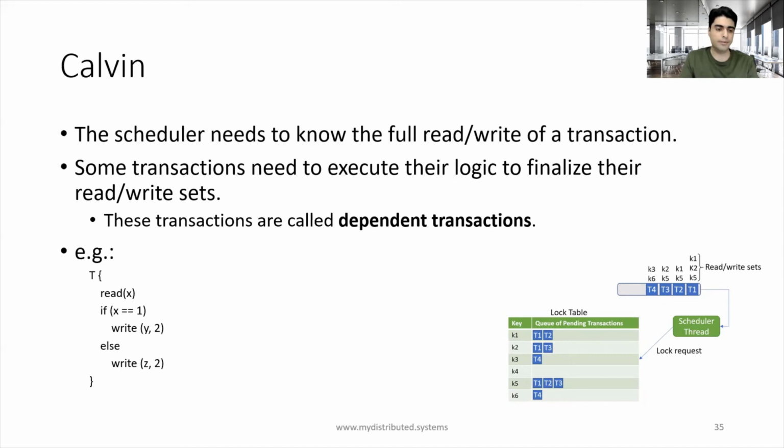For example, here we have a transaction T that reads the value of x, and if x is equal to 1, it writes value 2 for y, otherwise it writes 2 to z. So the final write set of this transaction depends on the value of x. But we don't know this value until we execute the transaction, and that is a problem.